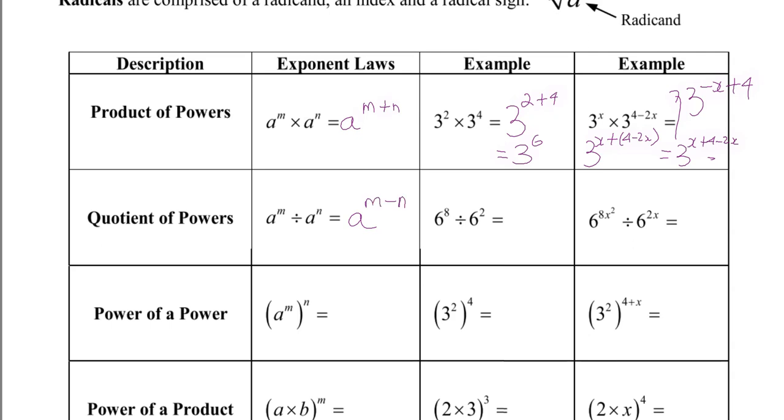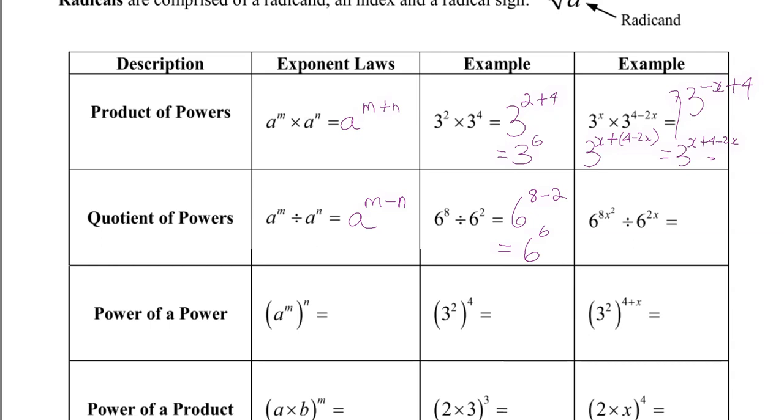Divide. When we divide, what do we do with the powers? We subtract. So it's a to the m minus n. This will be 6 to the 8 minus 2, which is 6 to the 6th. And your guess is as good as mine, so we would use a calculator to work that out.